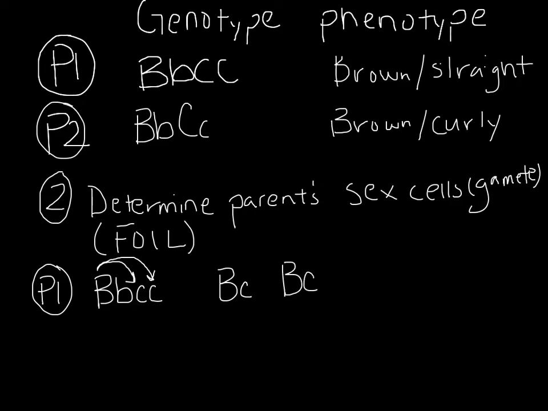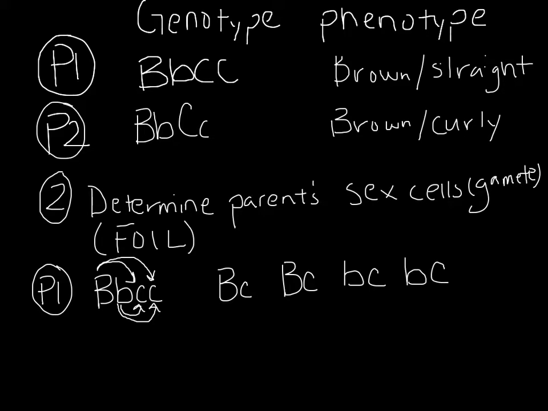And that's the second gamete. Now the I, those are the inner letters: little b, little c. And then L stands for last. That's going to be little b, the last of each of the traits. So little b, little c. And that's how you do FOIL.